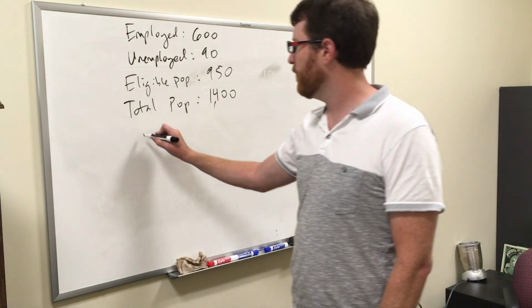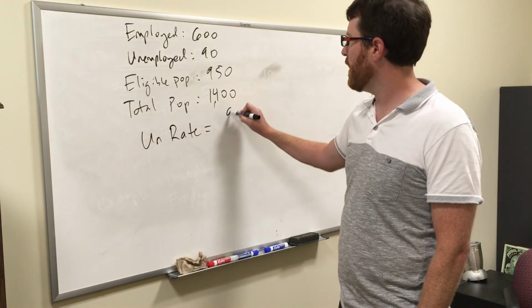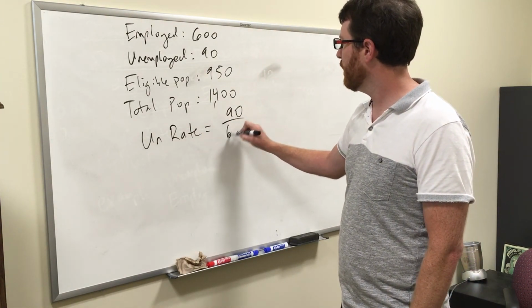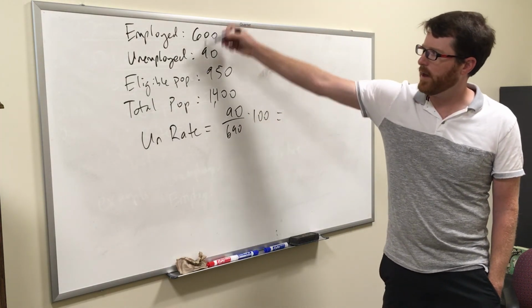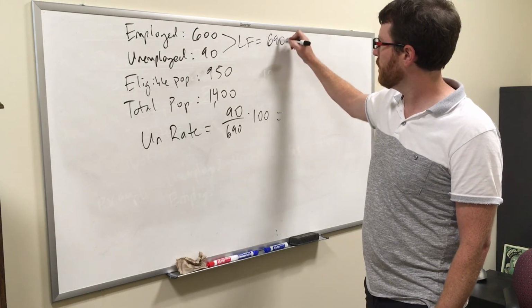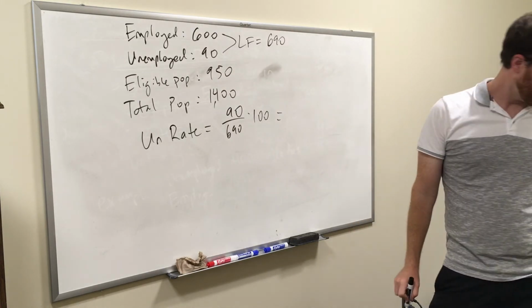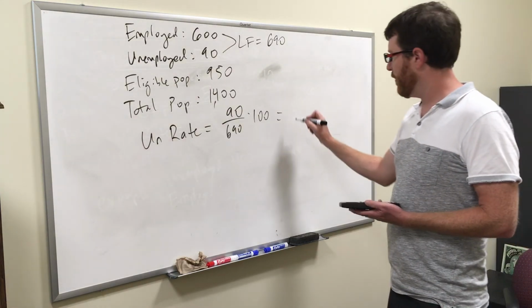So from this, we can solve for the unemployment rate, which should be 90 divided by 690 times 100. Okay? It's the unemployed divided by the labor force. Okay, that's the labor force there. And you get about 13%.